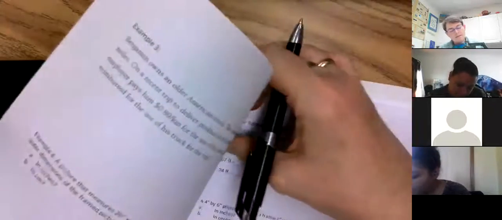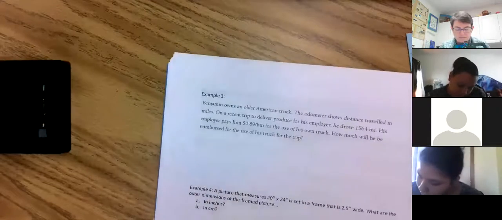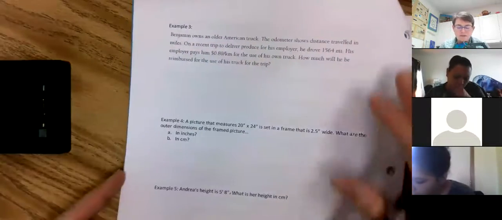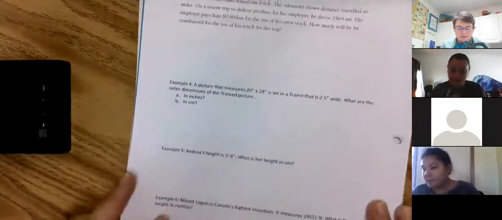All right. I want to see if there's something more interesting here. Oh, okay. Flip the page. Let's do number 4. This is a fun one.